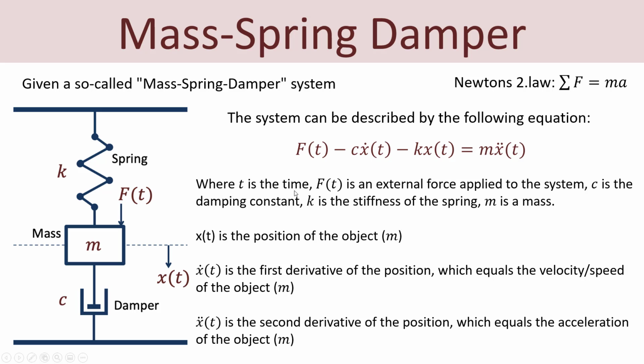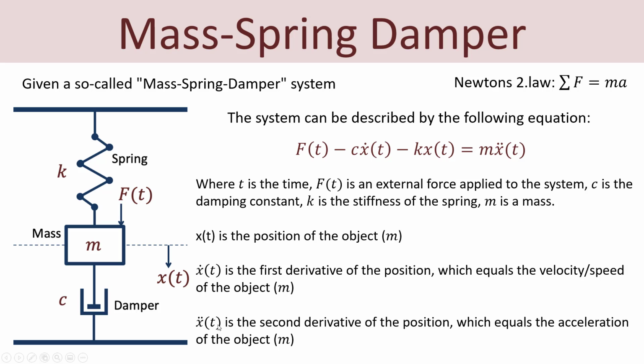Where t is the time, f(t) is the external force applied to the system, c is the damping constant, k is the stiffness of the spring, m is the mass, and x is the position of the object m. The first derivative of the position x is the speed or velocity of the object m.